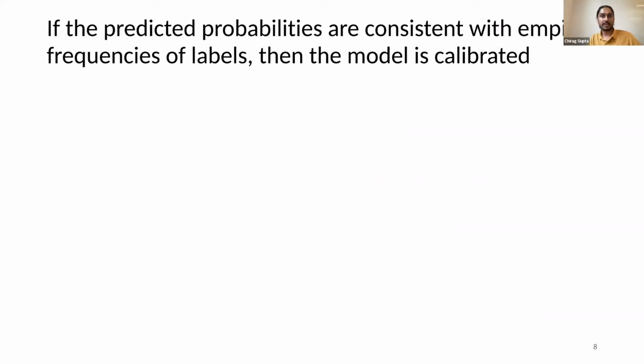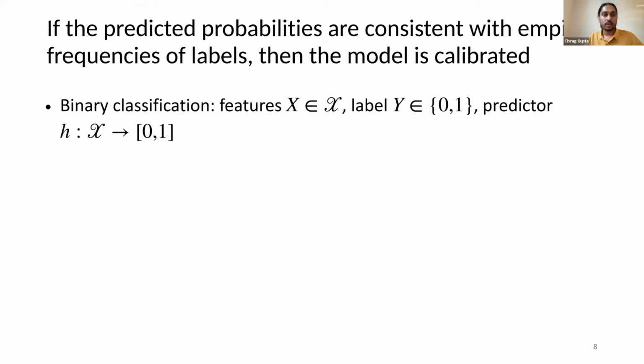Okay, so let's now define formally what calibration is. Informally, as I have it in the title, if predicted probabilities are consistent with empirical frequencies of labels, then the model is calibrated. So in binary classification, suppose you have labels y in {0, 1}, and a predictor which takes a feature x and gives you a score in [0, 1]. So it doesn't just give you a label, but actually gives you a score.